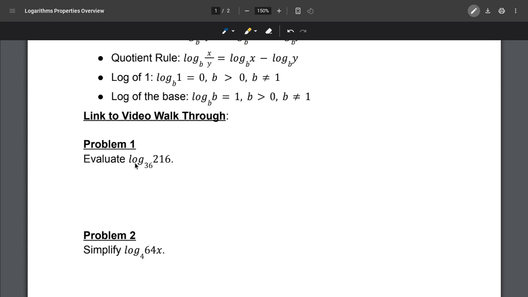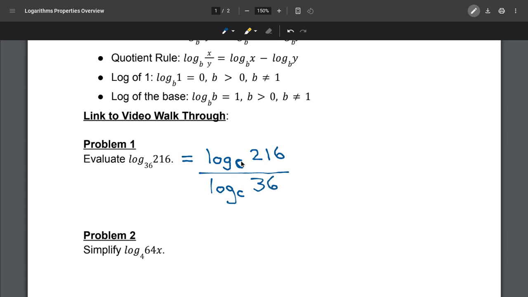We're going to evaluate log base 36 of 216. So we're going to use the change of base rule. What we're going to do is say this is equal to log with some base of c of 216 divided by log with some base of c of 36.